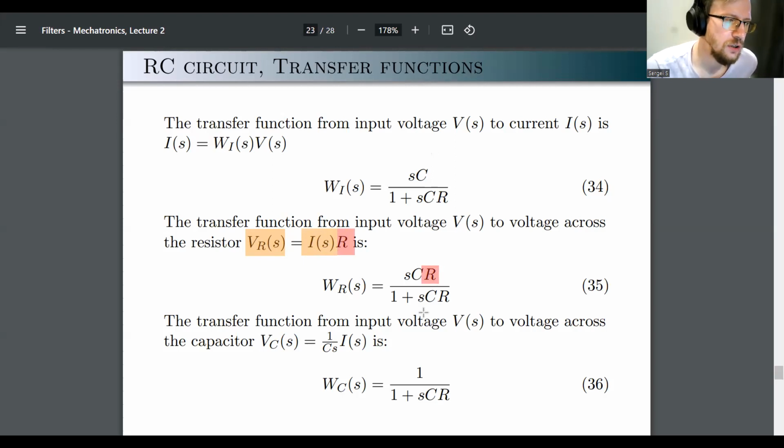You want transfer from currents to voltage across resistor, you multiply by R. Well, you want transfer from input voltage to resistor, or you have first the one to current, right? This one is transfer function to current. Then you multiply it by R, and you get transfer function to the voltage across the resistor. Okay.